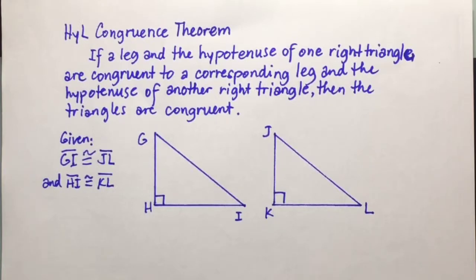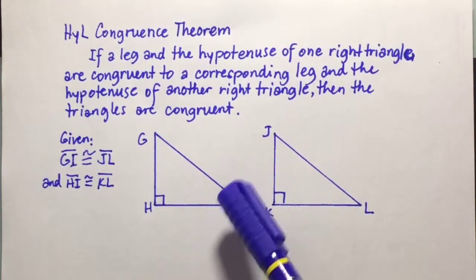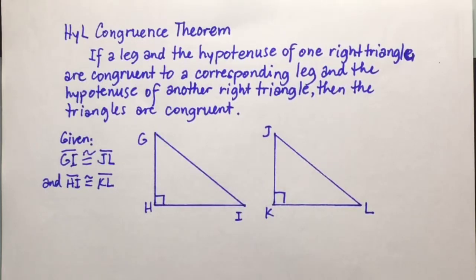Then the last one is the HyL Congruence Theorem. If a leg and the hypotenuse of one right triangle are congruent to a corresponding leg and the hypotenuse of another right triangle, then the triangles are congruent.